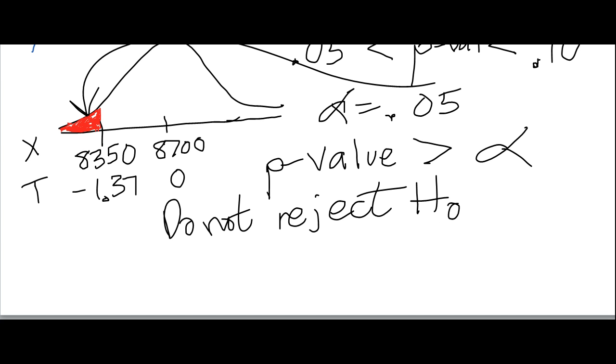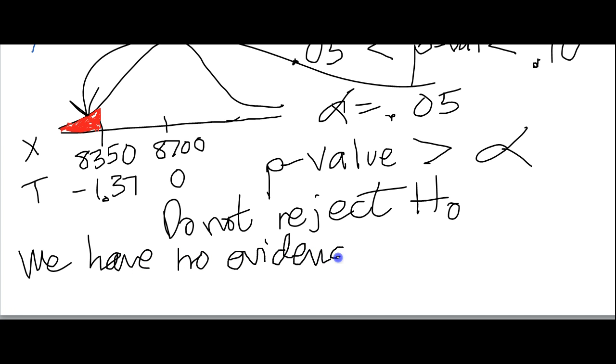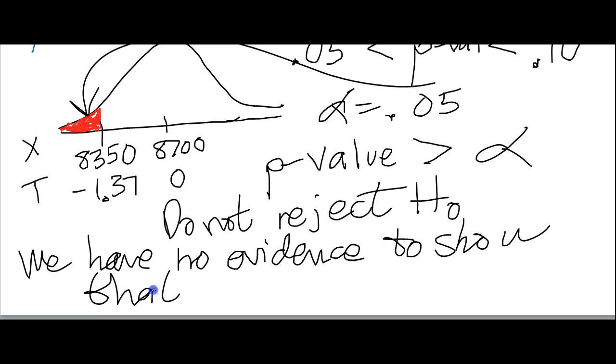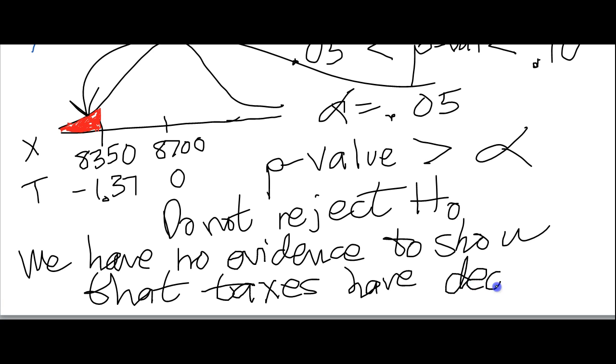So we have no evidence to show that taxes have decreased, because we have too big a chance of making a type 1 error, and so we would fail to reject.